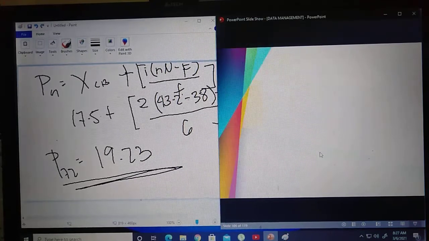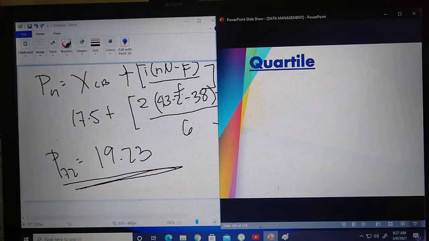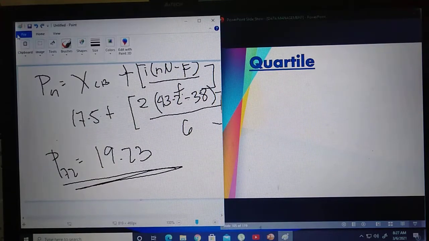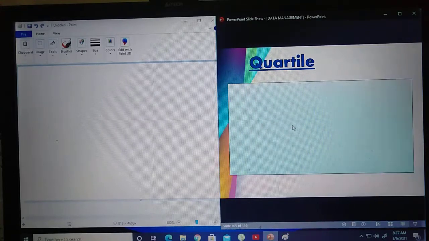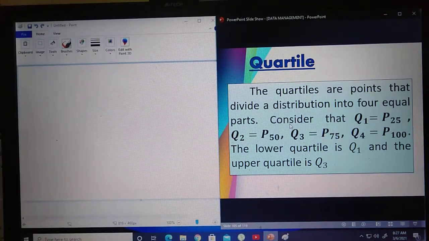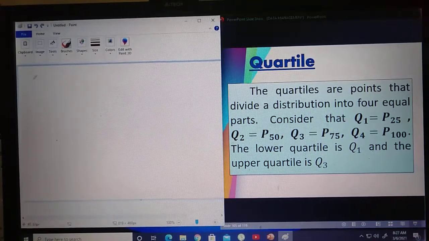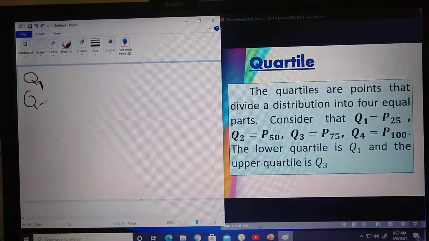Now, let's proceed to quartile. Quartile, from the root word quattro. Bakit ko sinabi na ang formula for percentile is connected sa quartile? So we all know that in quartile, apat. So we have Q1, we have Q2, we have Q3, and we have Q4.